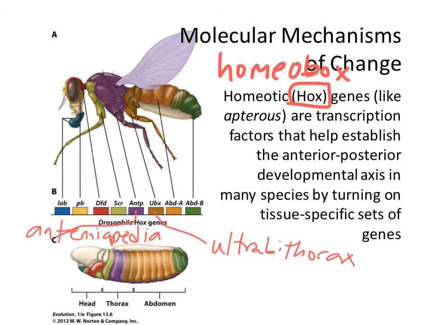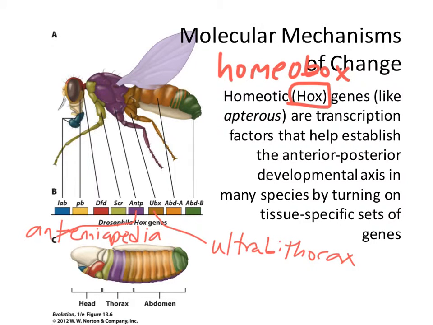The genes are located in the order anterior to posterior that they're turned on in the organism itself. So if you have a gene that's up here at the 5' end of this cluster, it's expressed in the head. And the abdominal genes are at the 3' end of the gene cluster, and they happen to be the genes that are turned on in the abdomen, the posterior end of the fly.